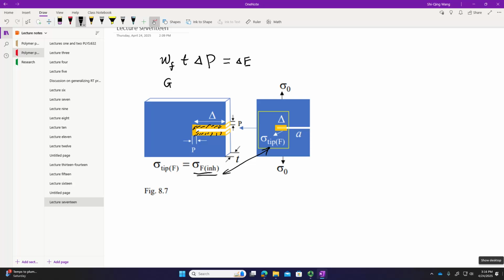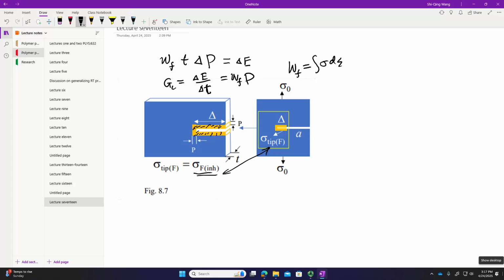And your dear GC would be that energy per unit area, which is delta times the thickness. So you get basically WF times P. And in the limit of linear viscoelastic material, this energy density is nothing but that integration.